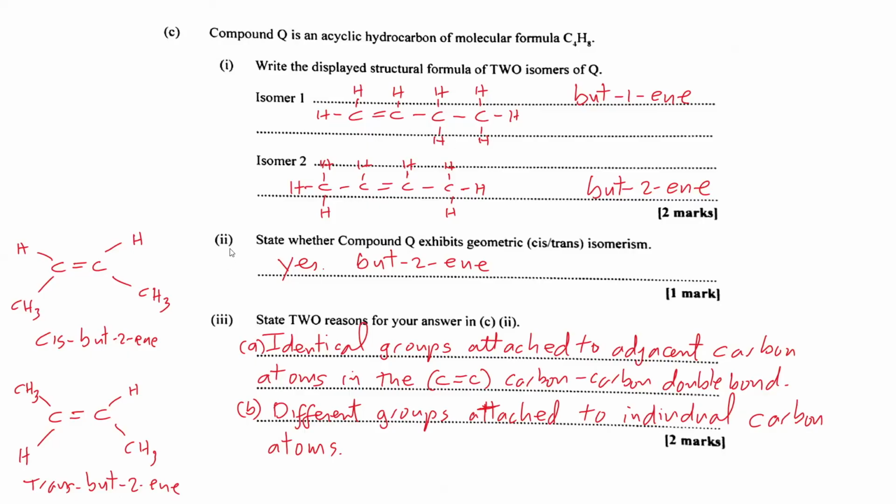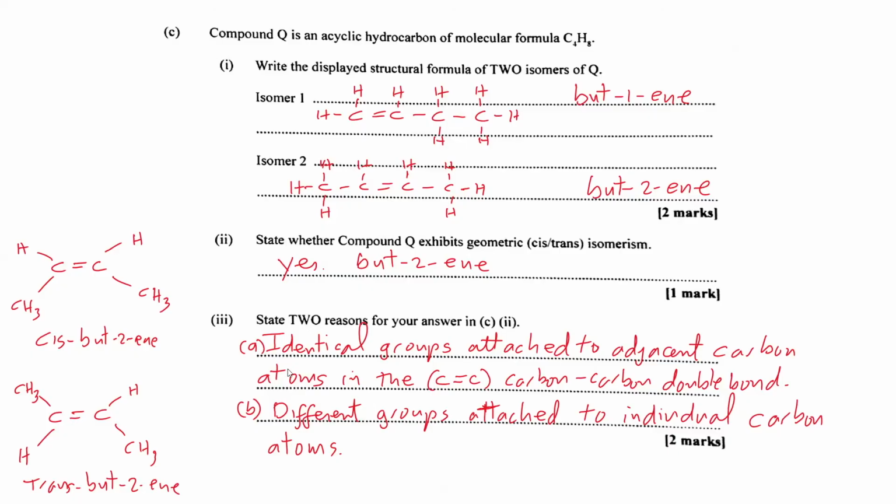Part 2. State whether compound Q exhibits geometric cis-trans isomerism. Well, we say yes, and in this case, it is but-2-ene that exists as geometric isomerism, not but-1-ene. Why?